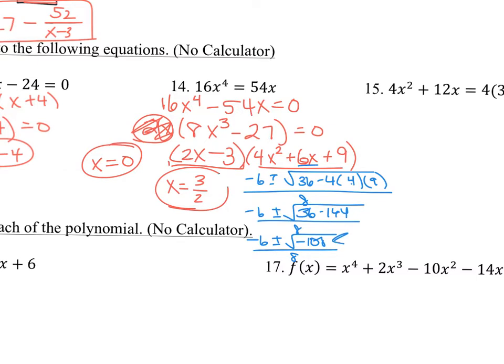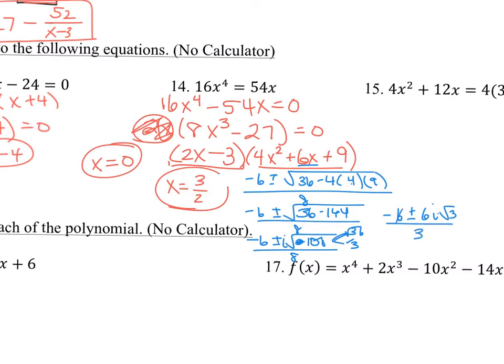So I know it's going to become an i. 108 is 36 and 3. So the square root gives me negative 6 plus or minus 6i radical 3, all over 3.